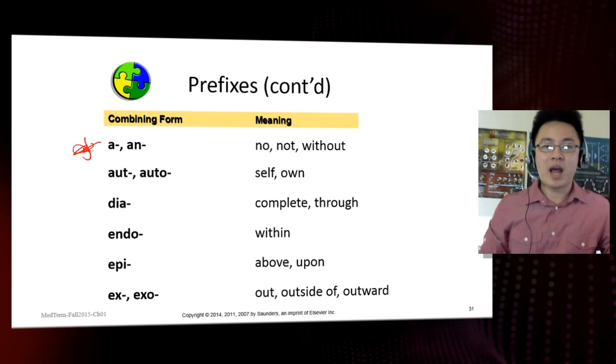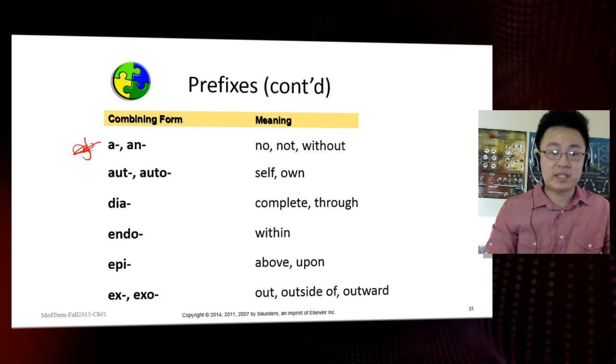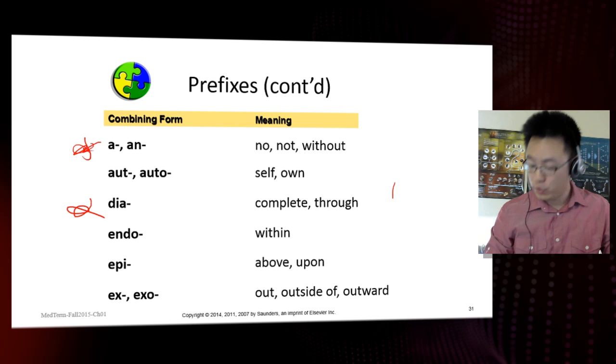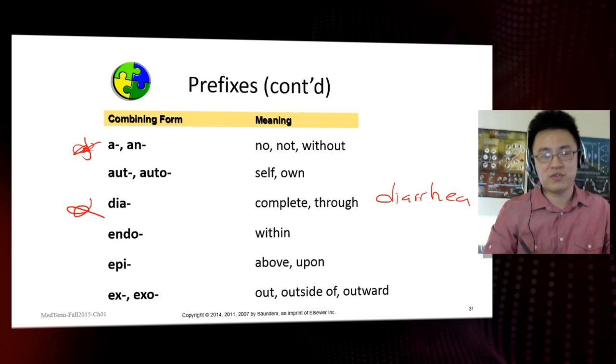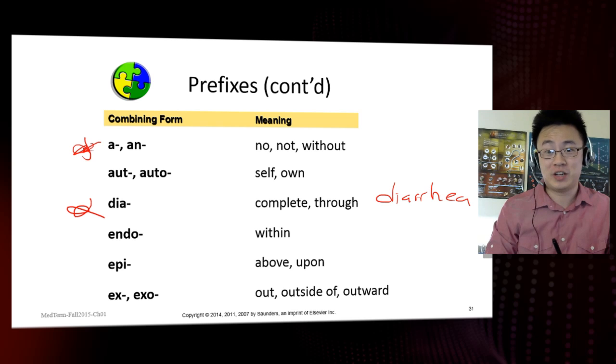All right, more terms to keep you busy. We have a and an here, which means no, not, or without. We also have dia, which means complete or through. And you might want to think about diarrhea. That's a medical term out there. We'll define it when we get to the digestive system, but think about this one. Rhea means discharge, okay?